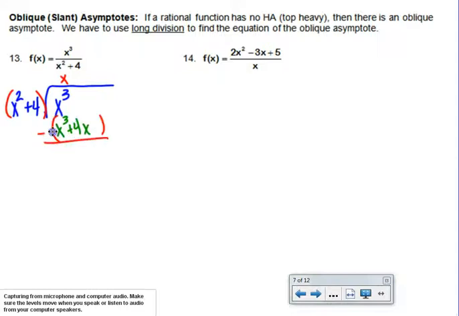The first term should always cancel in long division, and I have a negative 4x, but notice negative 4x cannot be divided by the divisor of x squared. So this is actually my answer right here. The quotient, ignoring any remainder, is the equation of your slant or your oblique asymptote. So this particular function would have an oblique asymptote at y equals x.